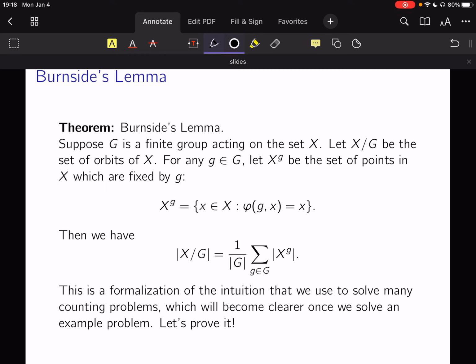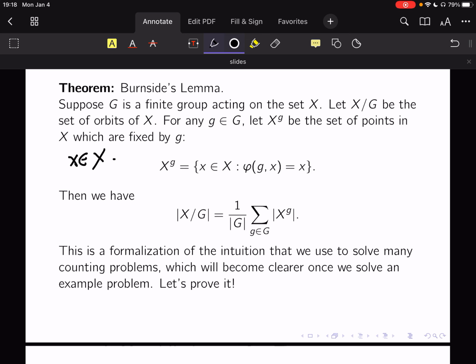Suppose G is a finite group acting on the set X. Let X slash G be the set of orbits of X, over all the elements little x in capital X. For any g in capital G, we define X to the g to be the set of points in X which are fixed by g.